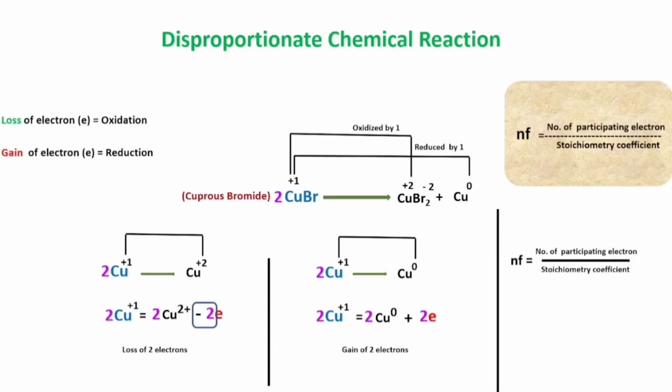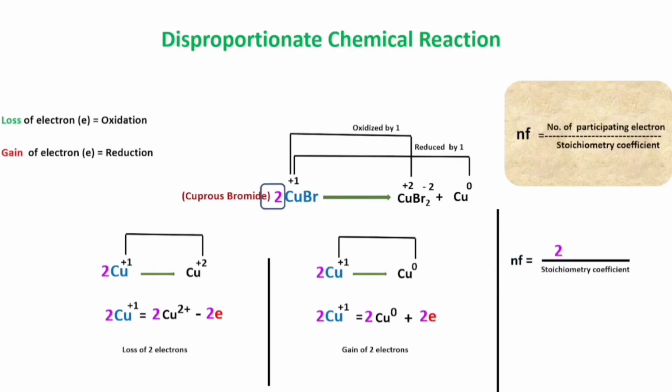In one half reaction, 2 electrons are lost, and in the other half reaction, 2 electrons are gained. So we can say that 2 electrons which are lost in one half reaction, those 2 electrons are gained in the other half reaction. So the number of participating electrons in this chemical reaction is 2.